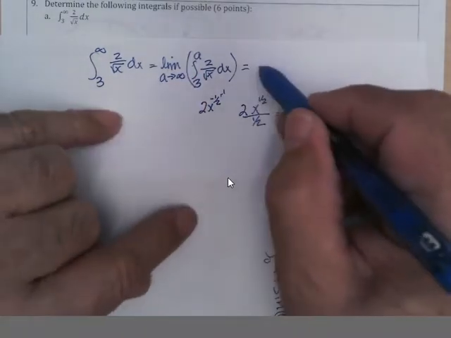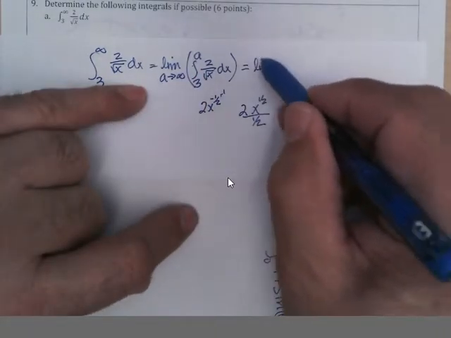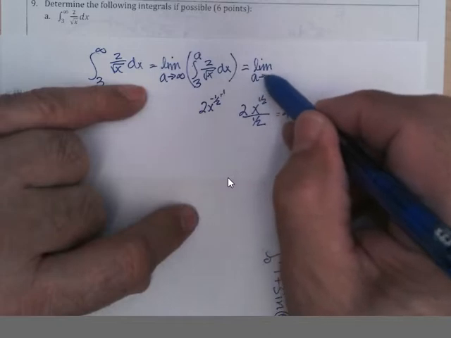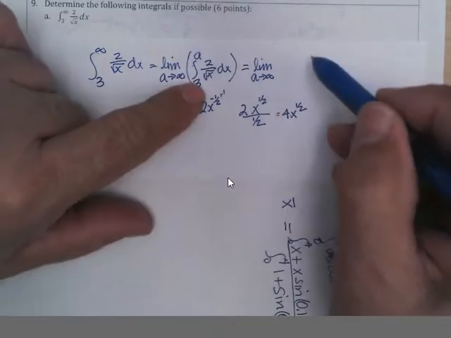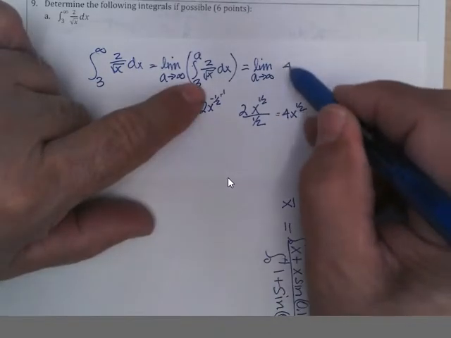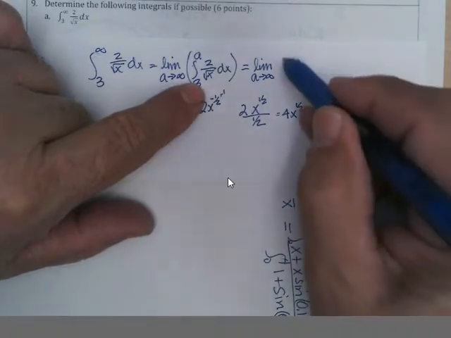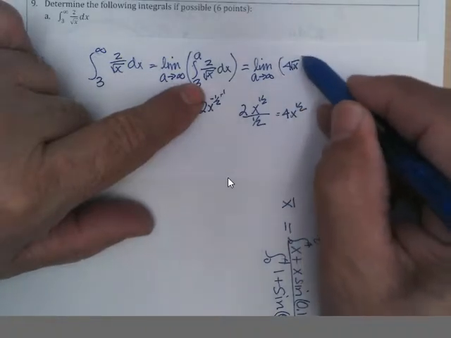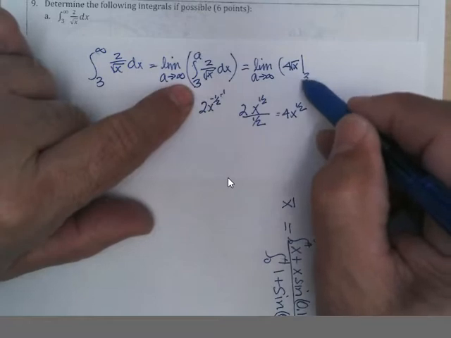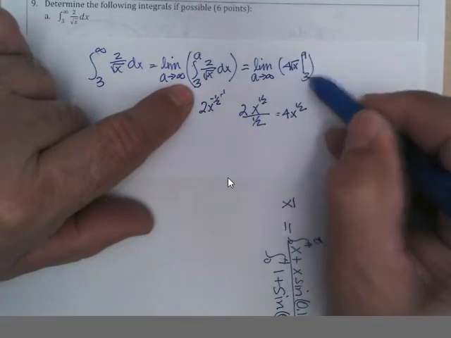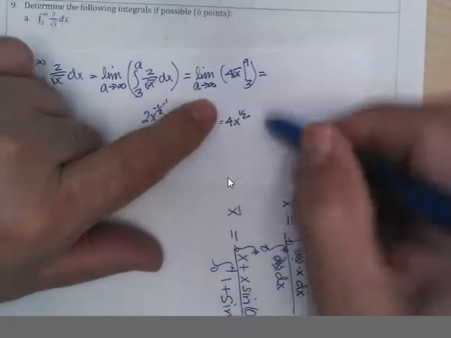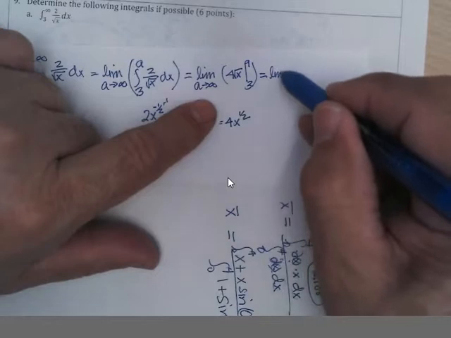I haven't done the limit yet, I've just done the integration. 4x to the 1/2 means 4 square root of x, evaluated from 3 to a. So let's write that. Haven't done the limit yet.